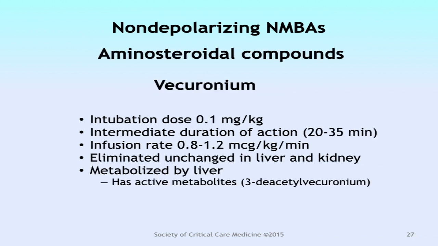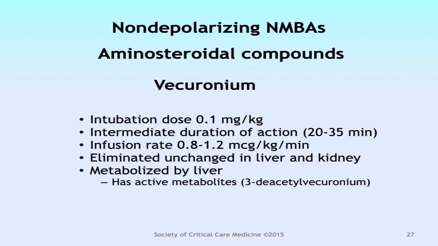Also good in intubations. Vecuronium also is a non-depolarizing agent, but a different group, we call it aminosteroidal compounds. So vecuronium for intubation doses like that, and intermediate action, durations, infusion doses like that.